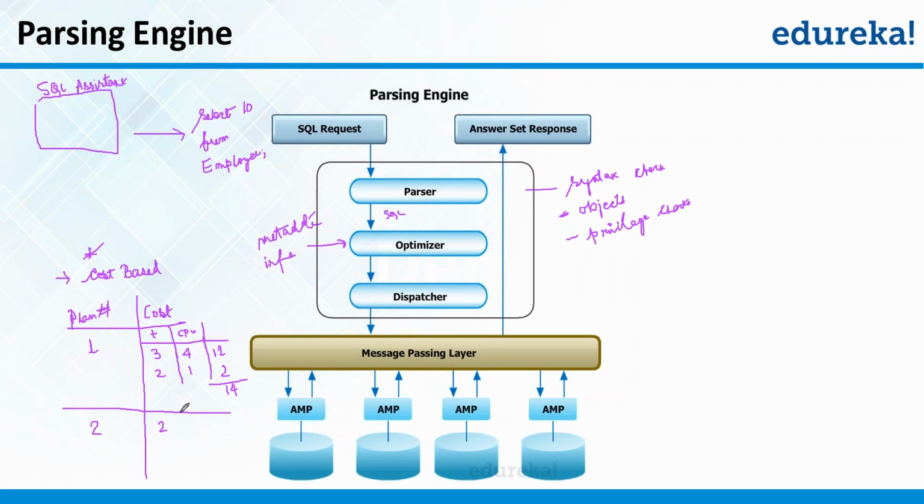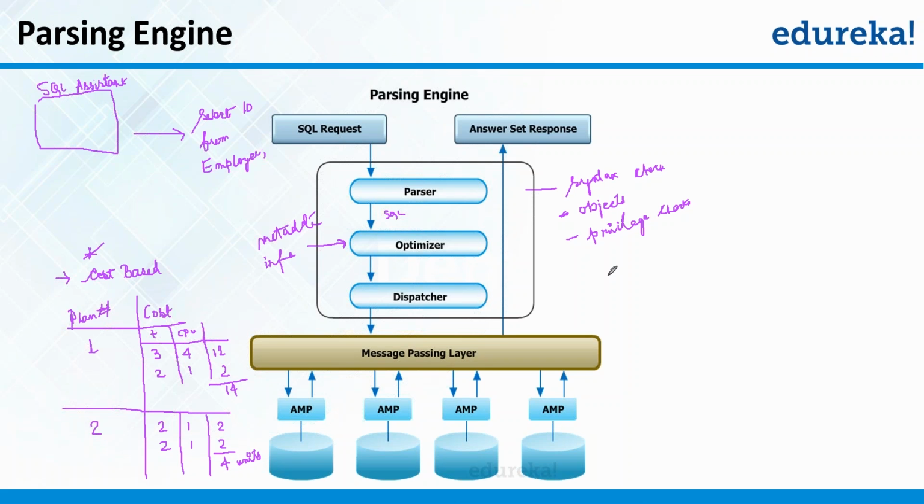Similarly, there is another plan that comes up. The other plan says that I'm going to fetch data based on the index. So I'm going to take only 2 seconds to fetch the data and only 1 CPU cycle, which is great. So the first step is 2. The next step is to do the where clause, which is on the entire data, so it is again 2 and 1, so it becomes 2.